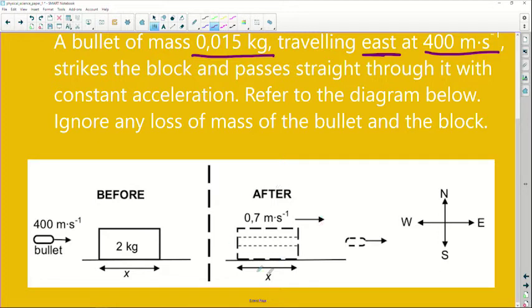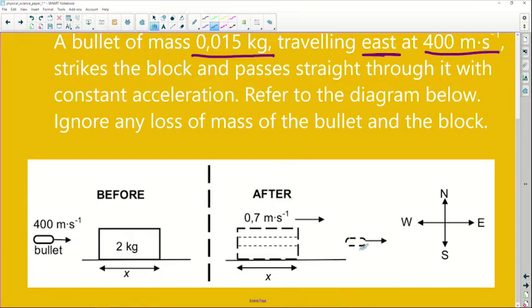Then afterwards the bullet has moved through the block, and now the block has a velocity of 0.7 meters per second also to the east, and the bullet has gone through the block and is keeping on moving afterwards also in an easterly direction.